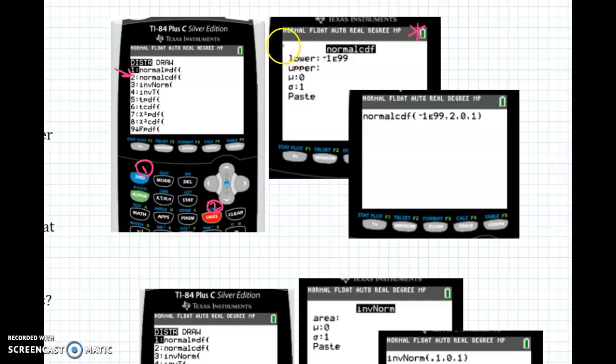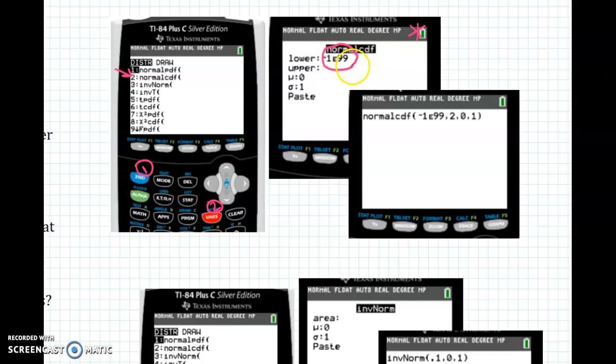Now, you can put in your lower number, your upper number, your mean, and then your standard deviation. One thing to note is that your calculator can't do infinity. So if you ever want to do infinity, you have to put it in like this, using scientific notation.